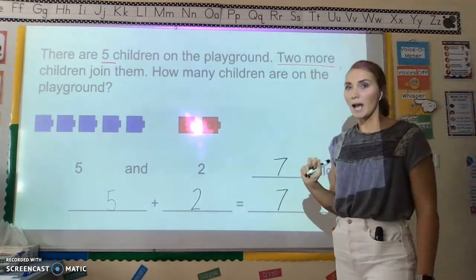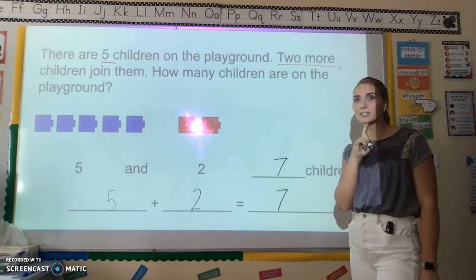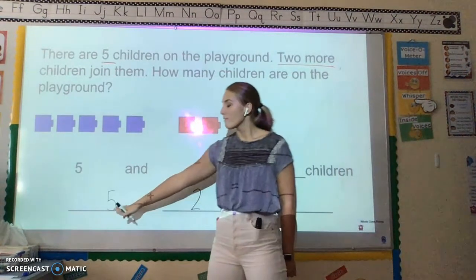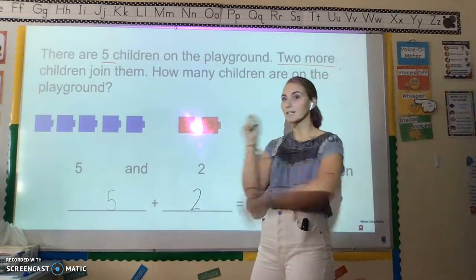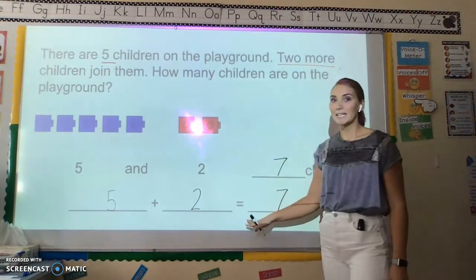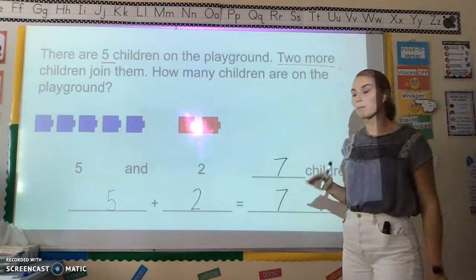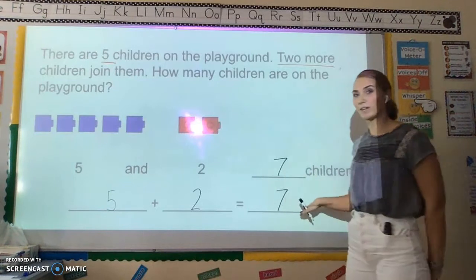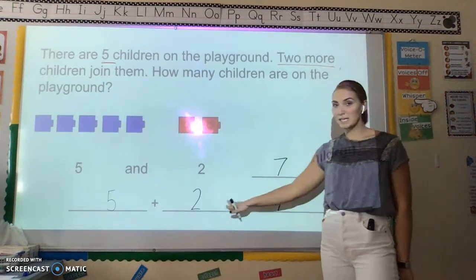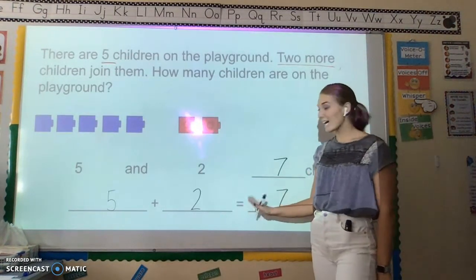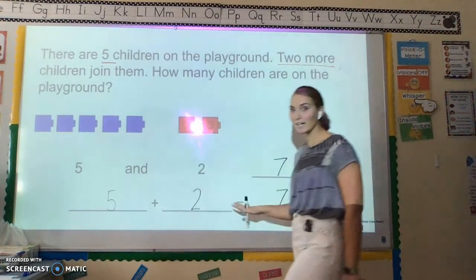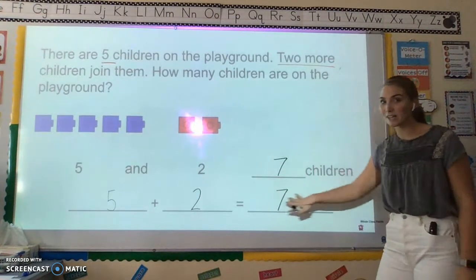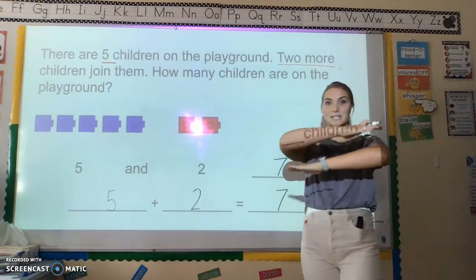So, how do we read this addition sentence? Do you know? 5 plus 2 is equal to 7. And what this means, boys and girls, is that everything on this side is the same as everything on this side of the equal sign.